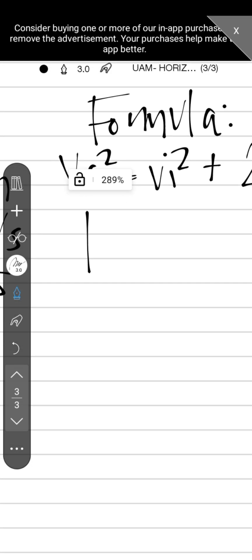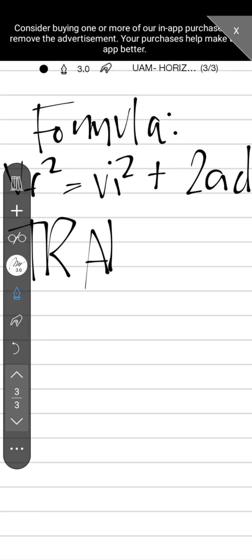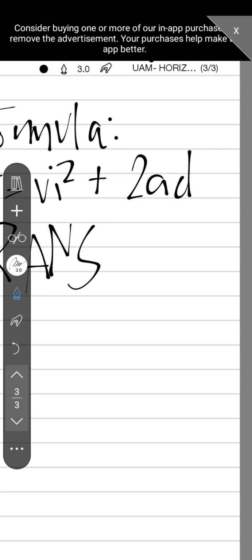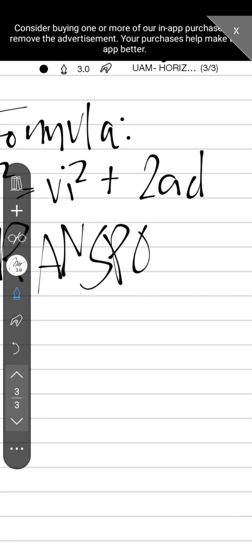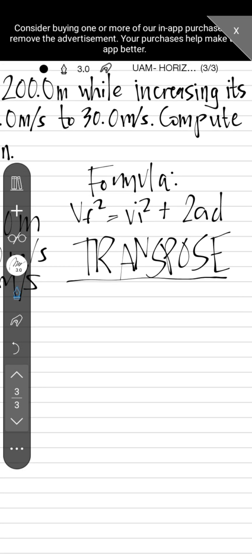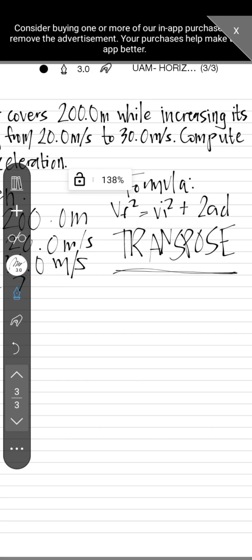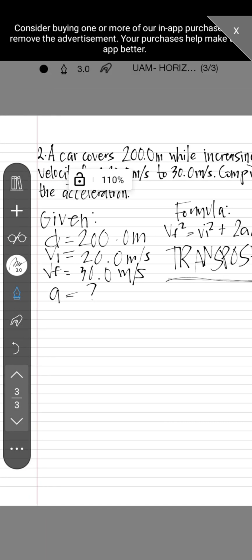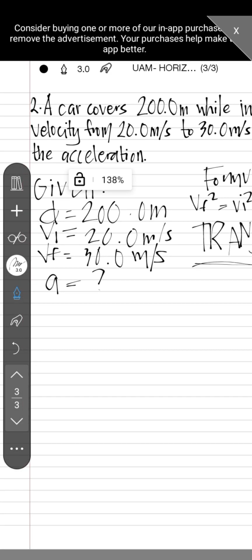Compared to our previous example, this one is more tricky. That is because we're gonna make use of something called transposition. We're gonna transpose our formula, our values, so we can get the final formula that we're gonna use to solve for what we need.